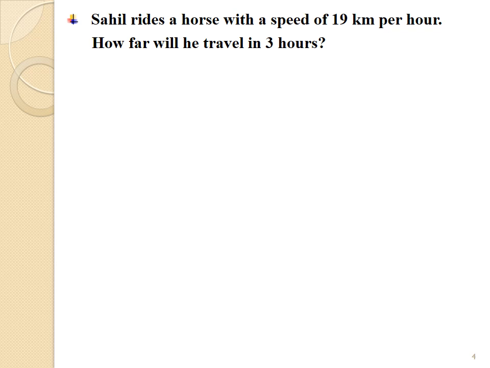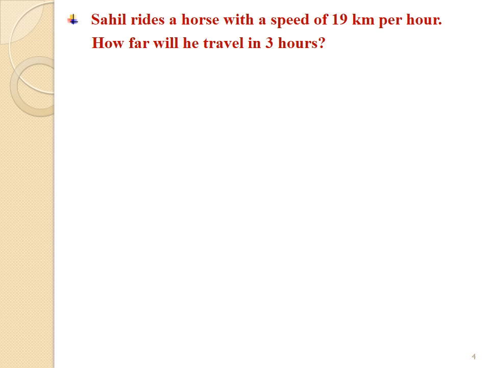Now, sum number 3. Sahil rides a horse with a speed of 19 kilometers per hour. How far will he travel in 3 hours? Students, in this question, we have to find out the distance covered by Sahil in 3 hours and we have been given speed and time.